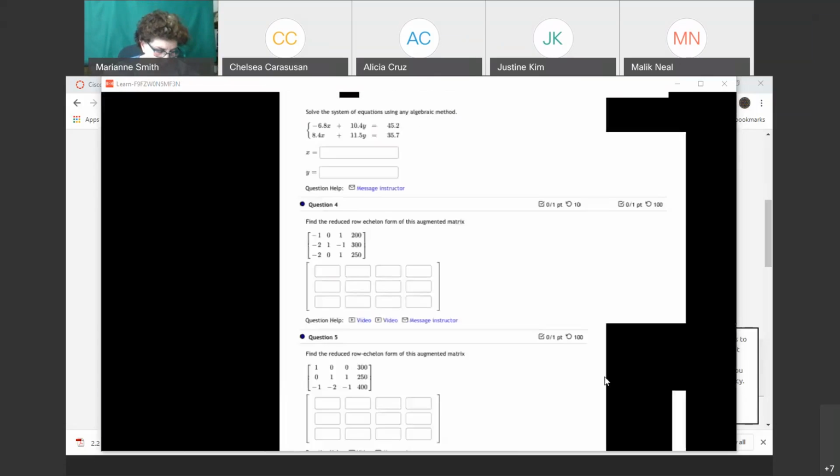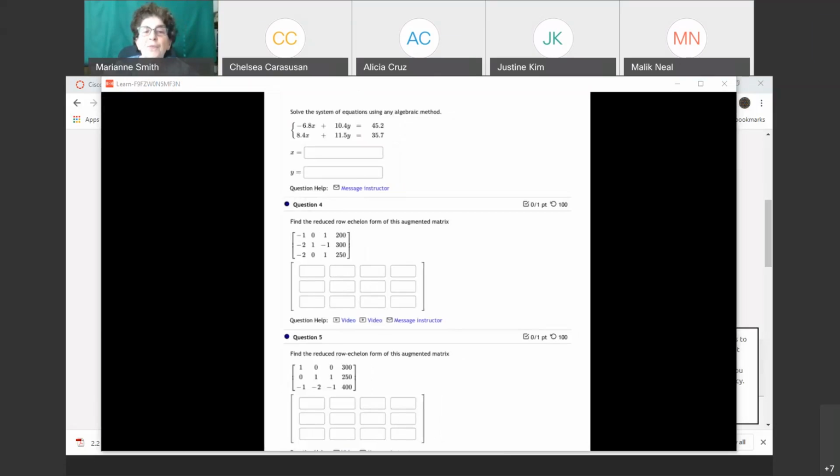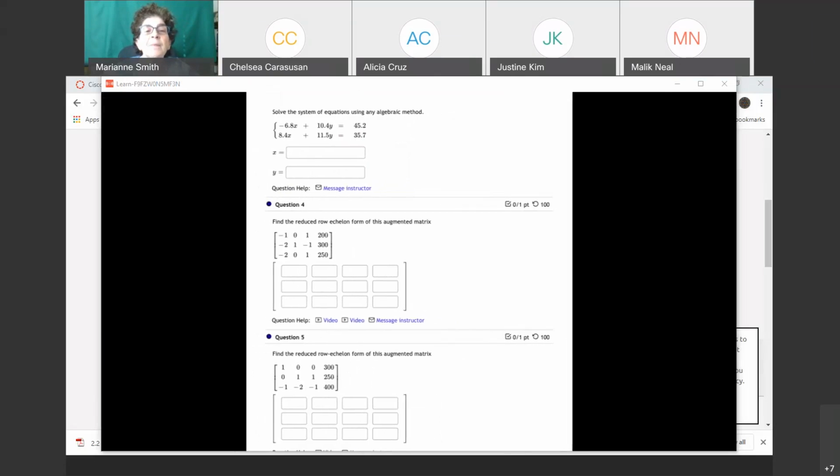Let me show you an interesting one. Here's number 3. Number 3 has decimal coefficients and constants. You're going to do it exactly the same way. The only trick here is the way this homework system works: you'll notice sometimes it's not terribly precise about how many places to round to.